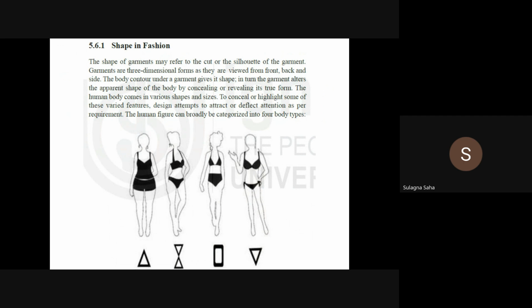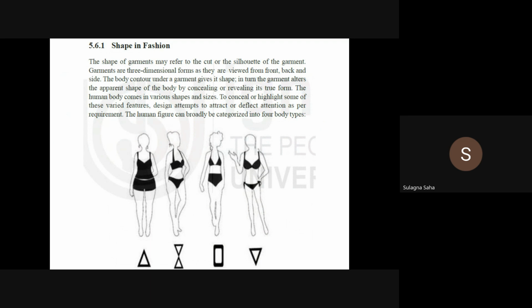Now, when we talk about shapes and forms in fashion, something that becomes very important is the silhouette of the garment. Garments are essentially always three-dimensional, as they can be viewed from front, back, as well as from the side, and the contouring, the way the body moves, and how the garment fits into the contours of the body also gives it shape.